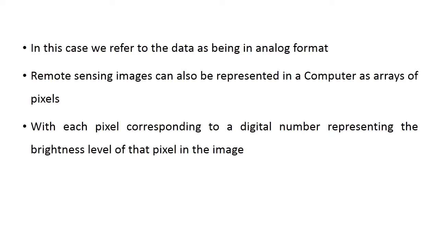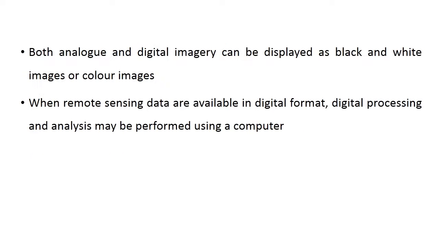Remote sensing images can also be represented in a computer as an array of pixels, with each pixel corresponding to a digital number representing the brightness level of that pixel in an image. Both analog and digital imagery can be displayed as black and white images or color images.